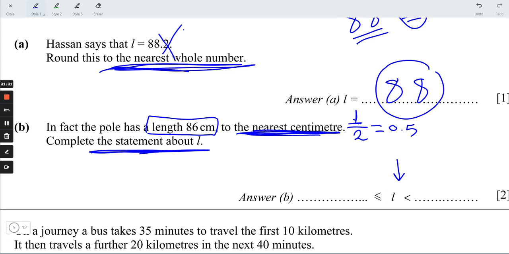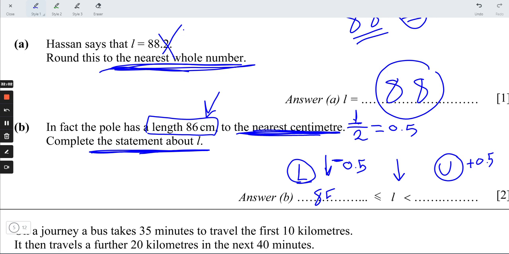So here we have a lower bound of L, and here we have the upper bound. For the upper bound, you have to add 0.5 to L, and for the lower bound, you have to take away 0.5 from L. So here 86 minus 0.5, you will get 85.5.